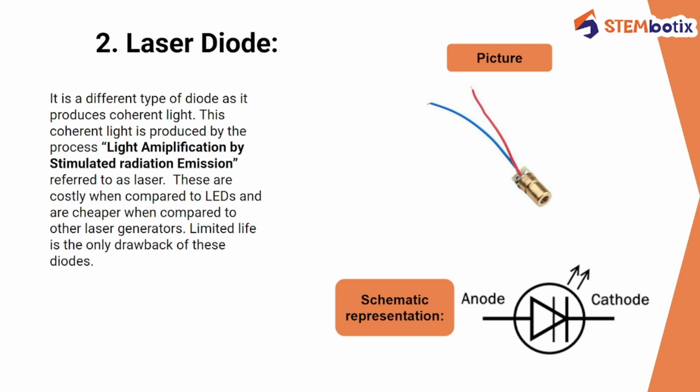This coherent light is produced by the process of light amplification. It amplifies light by stimulated radiation emission. Now there is a drawback: it is expensive, or costly, compared to LEDs, the light emitting diodes.